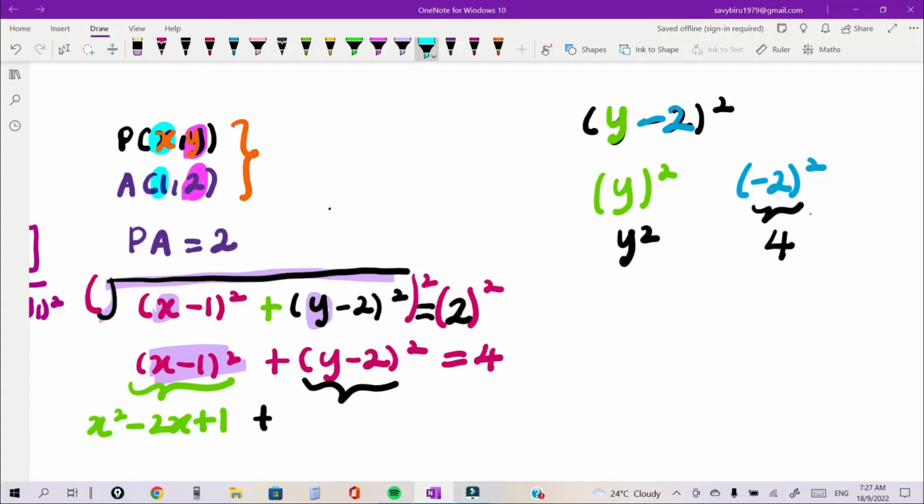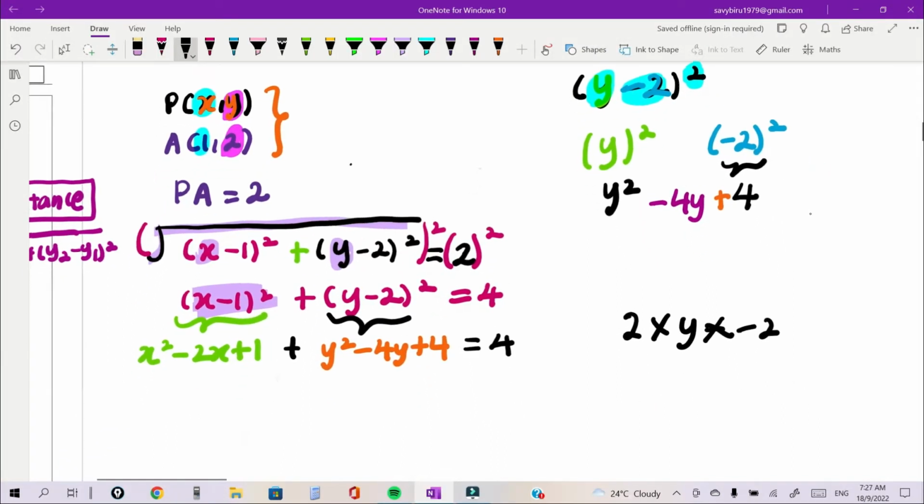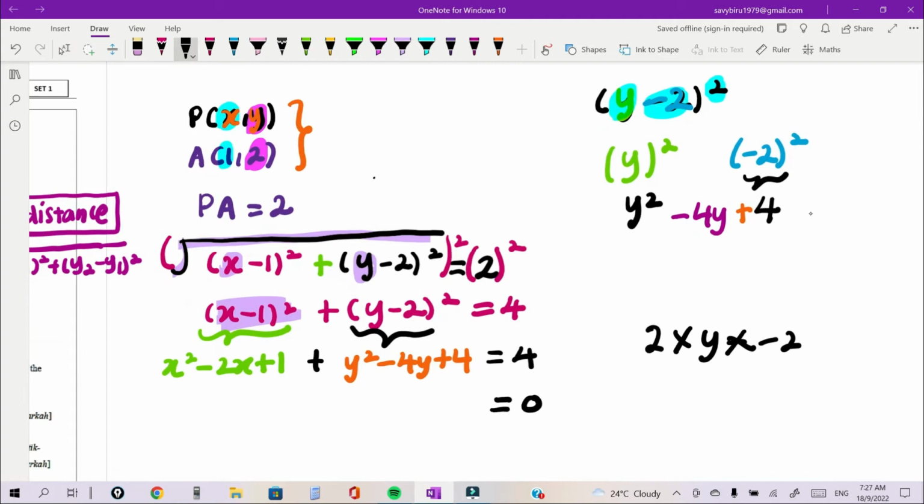And then you take 2 times y times negative 2, which becomes negative 4y. So here, positive. Right, so the result of y minus 2 squared is y squared minus 4y plus 4 equals 4. Then after this, rearrange the equation, make it equal to 0.